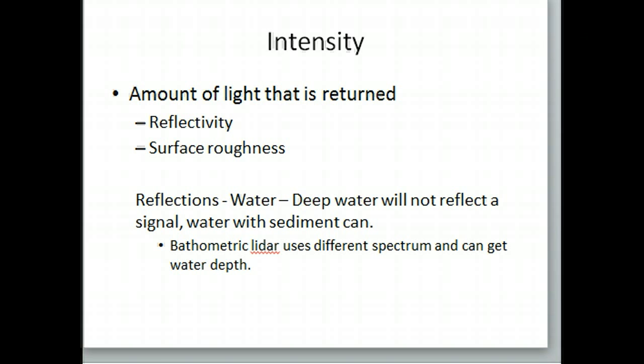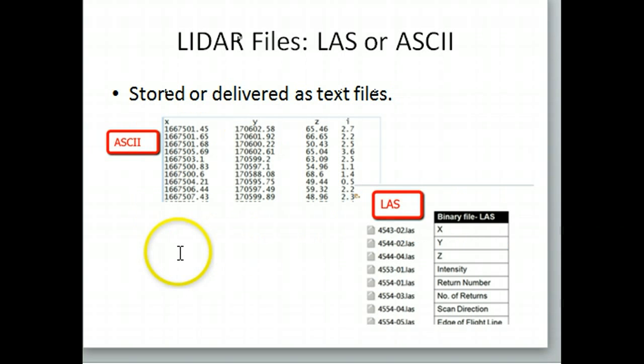And so those different returns are able to be divided into bare earth or top of the canopy or top of buildings or somewhere in between. And so when we looked at Fugro last year, we had all of those points on the map and then we drew that transect and you could see that three-dimensional image of Fugro. And that's kind of what you're going to look at with ArcGIS this time.